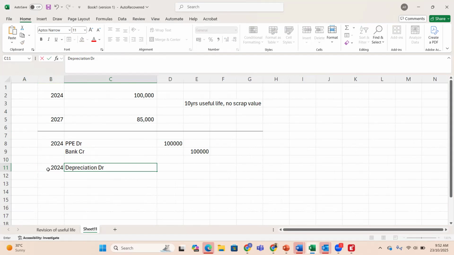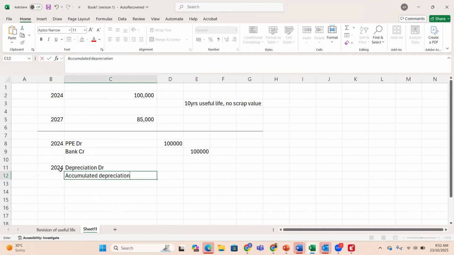When it comes to presentation, it's always a separate ledger called accumulated depreciation, so the PPE would only have its own value. So depreciation to accumulated depreciation.